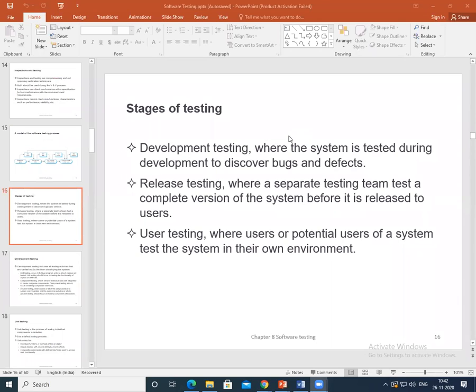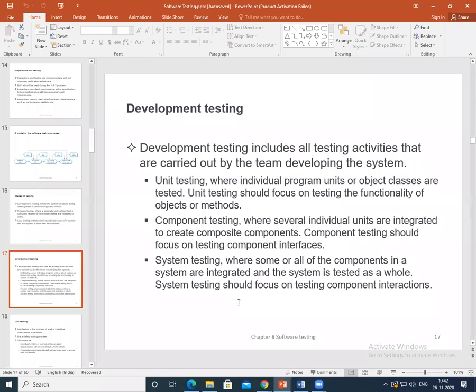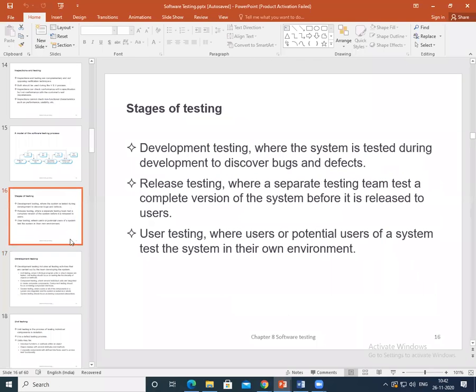We are going to start development testing in the coming sessions, with development testing in brief, release testing in brief, and user testing in brief. User testing comes with, as I said, acceptance testing. We'll discuss what acceptance testing is. Release testing, usually, is an intermediate process.